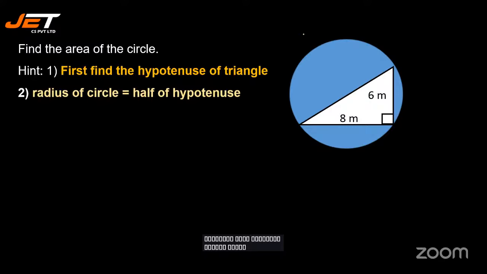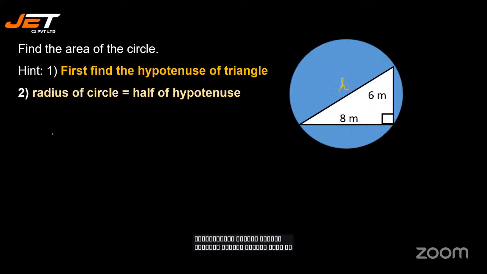8 square plus 6 square. Isn't it? Hypotenuse is the longest side in any triangle. So now let us find out the hypotenuse. Let me keep the hypotenuse as h.